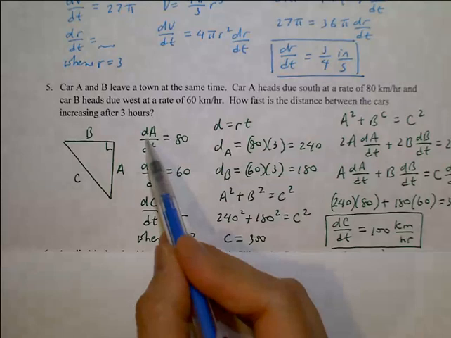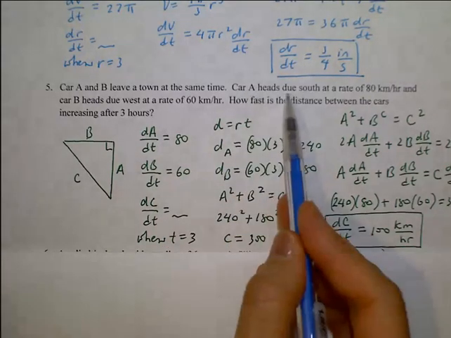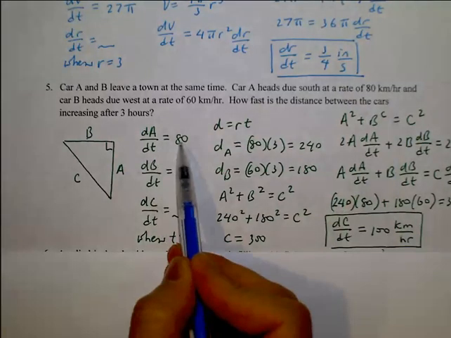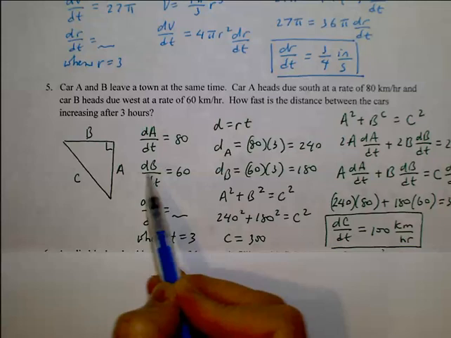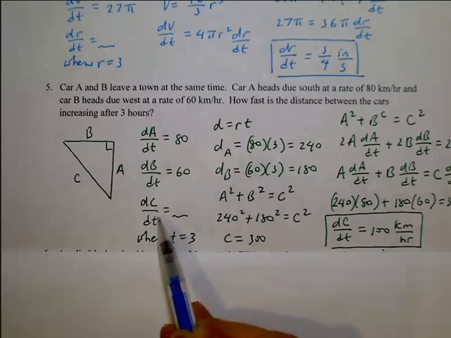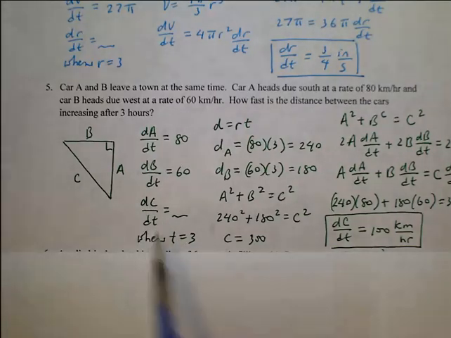So dA/dt, which is the car A's rate, is going to be 80 kilometers per hour, so that will be 80. And then car B has a rate of 60 kilometers per hour, so that's dB/dt, and that's 60. And then how fast is the distance between the two cars increasing would be the dC/dt, and that's when t is equal to 3.